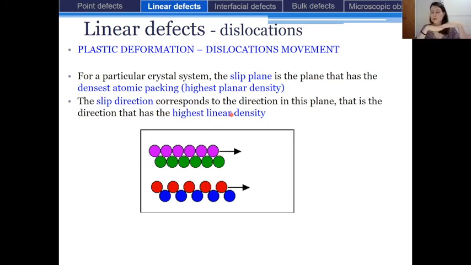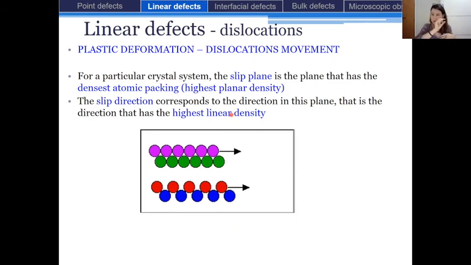And then, in order to know in which direction this slip will move, I identify the direction with the highest linear density.